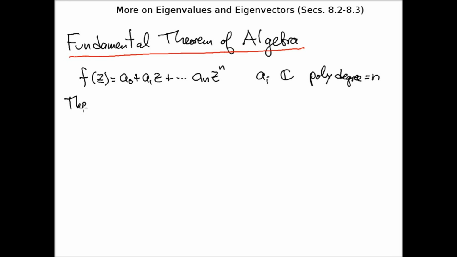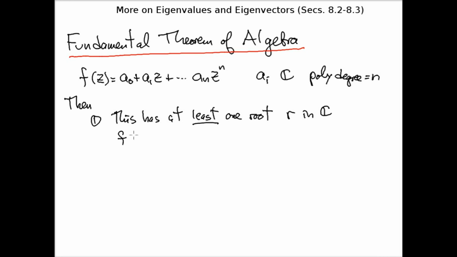Then the conclusion is, I'll write it in two ways. The first one is that this has at least one root, I'll call it r, in complex numbers, such that f of r is equal to 0. So, in other words, to say a root means that it's a solution to f of z is equal to 0.